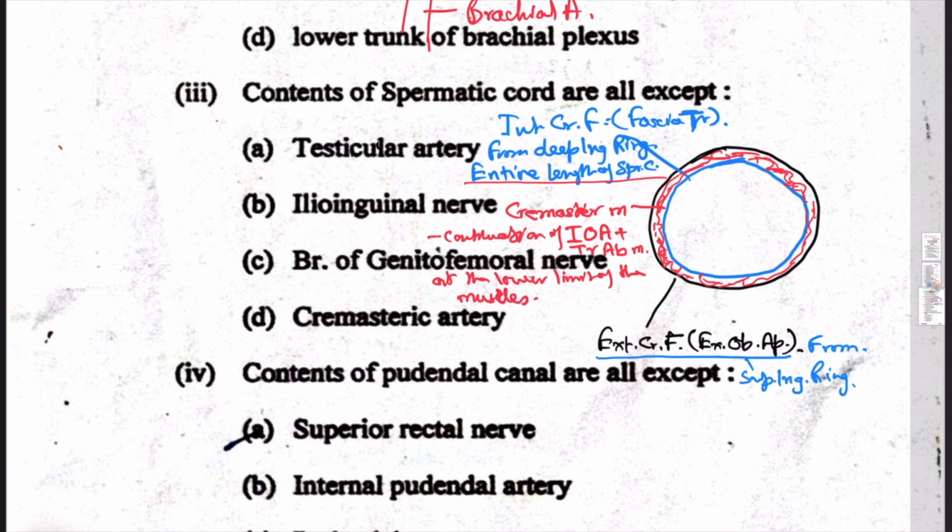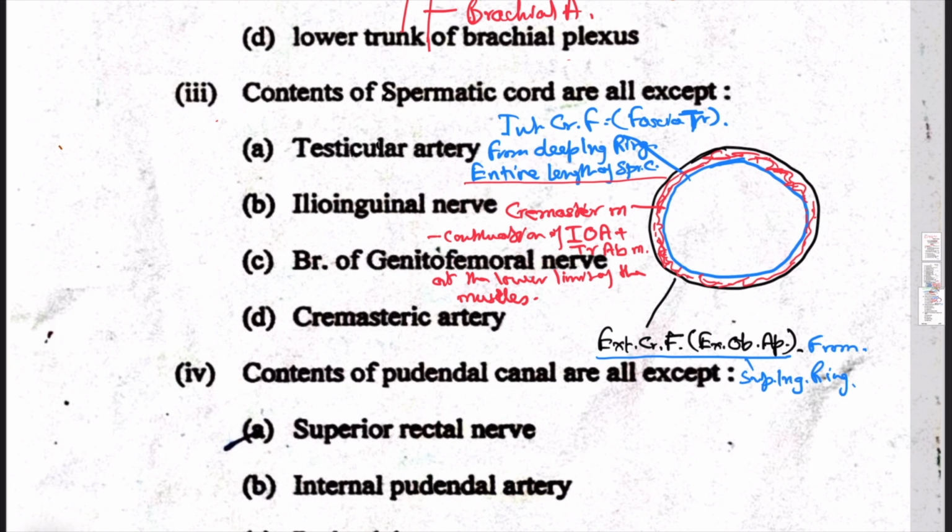Where you find the lower limit of these muscles, remember these two were forming the conjoint tendon, also forming the roof and the posterior wall of the inguinal canal medially. Then from the median of the inguinal canal you find that cremaster begins to form. So this also we will not find in the entire length of the spermatic cord.